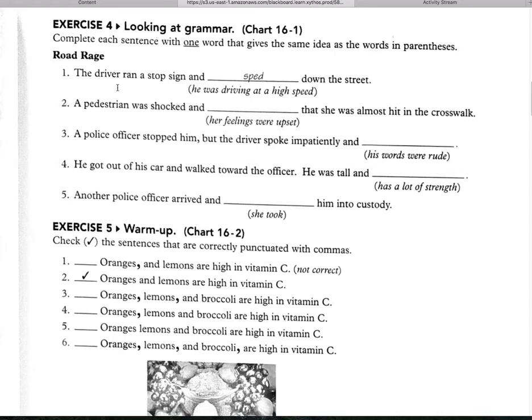So number 2, a pedestrian was shocked and angry or upset that she was almost hit in the crosswalk. Number 3, a police officer stopped him, but the driver spoke impatiently and rudely or loudly.